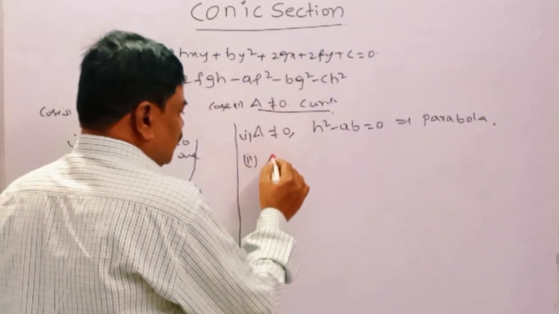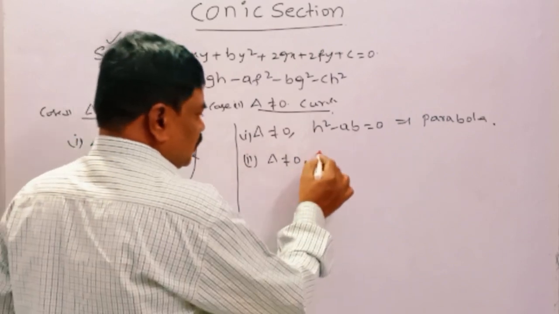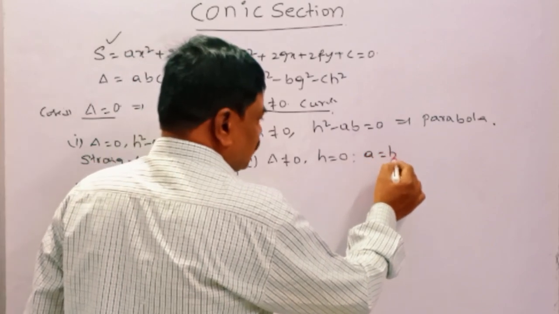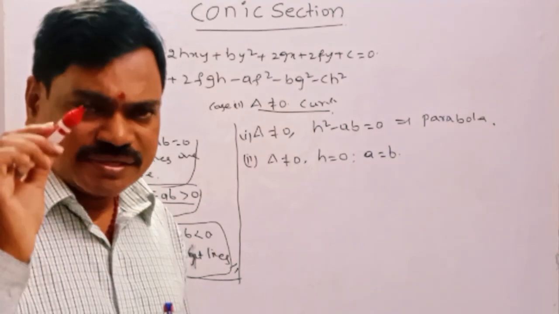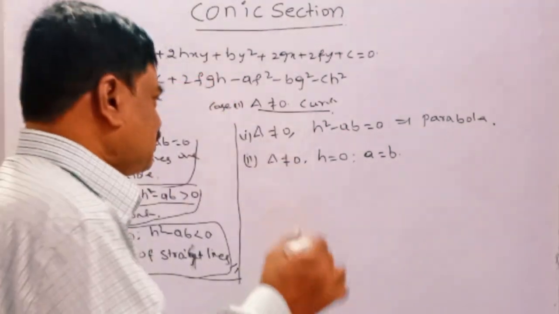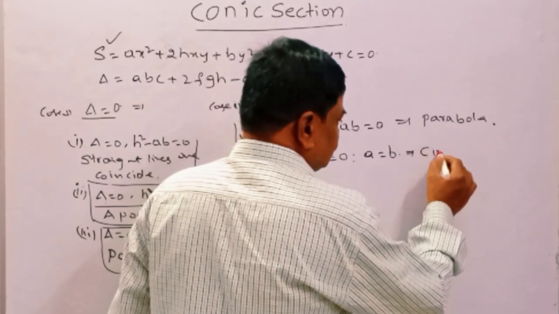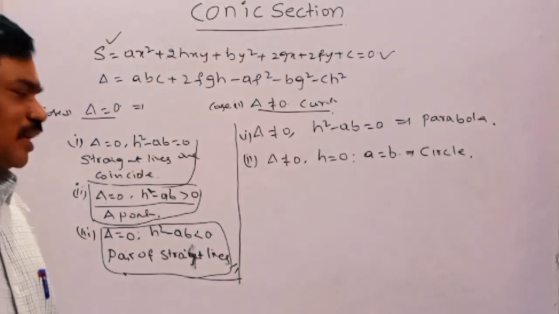Next, delta not equal to 0, h is equal to 0 and a is equal to b, it represents a circle.